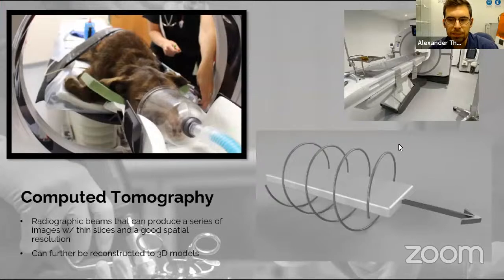So we mainly use CT images to create the models, and it allows us to create very precise models thanks to its high spatial resolution. But it's really crucial to have good protocols and to optimize them, to have better raw material to work with from the beginning.